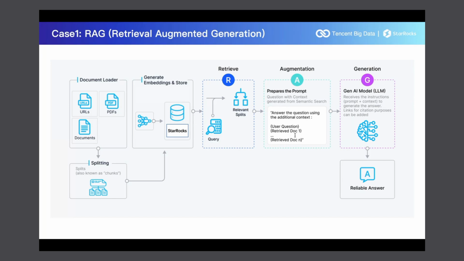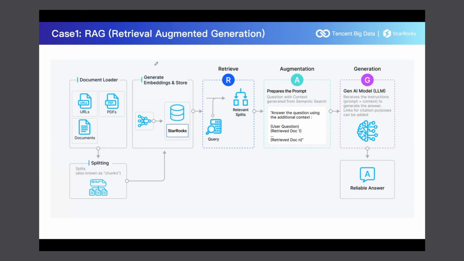It's like having a smart assistant that can look up the latest information on the spot, making sure you get the most accurate and up-to-date answers. Imagine you're asking a question to a chatbot, and instead of just relying on what the model learned during training, RAG can go out and find relevant information from a vast database.